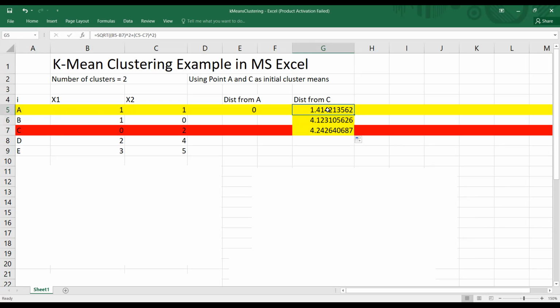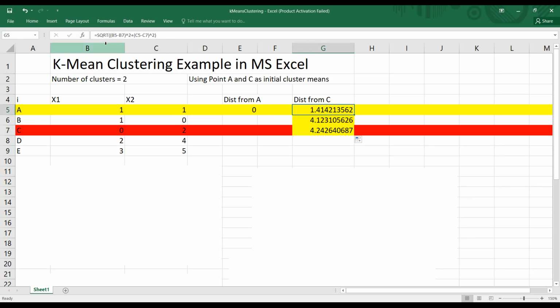The error is that we have to freeze the point C. If we are calculating the distance from point A to the point C, we have to freeze the content of C, because whenever I copy the formula to the rows below, the address of C will remain constant.